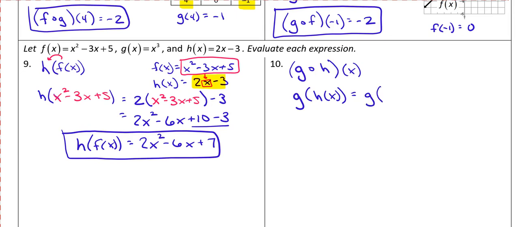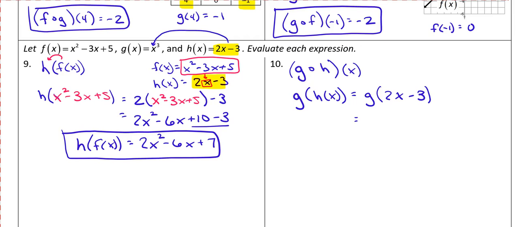So up here, the h function is 2x minus 3. So instead of having h of x, I'm going to put 2x minus 3. And what I'm going to do is take and plug this entire expression into that x cubed, because g of x is x cubed.